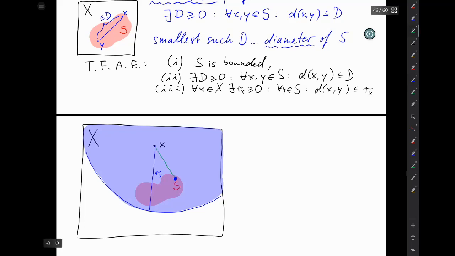Measure that distance with your distance function or metric, little d, and call it maybe L, which is certainly a finite number.